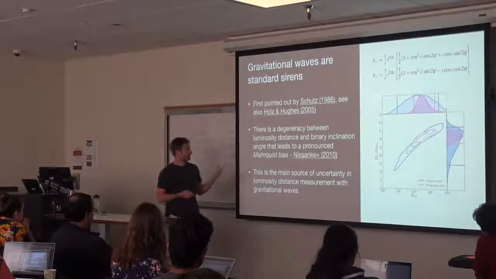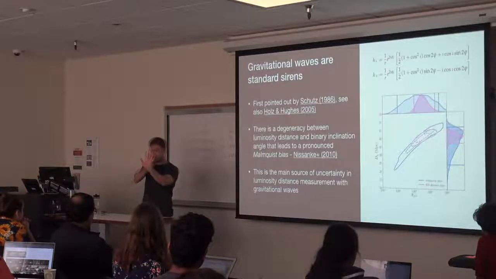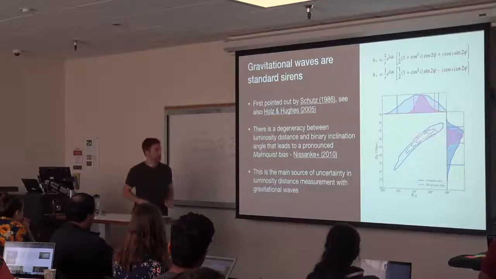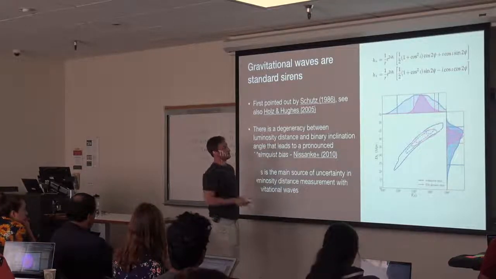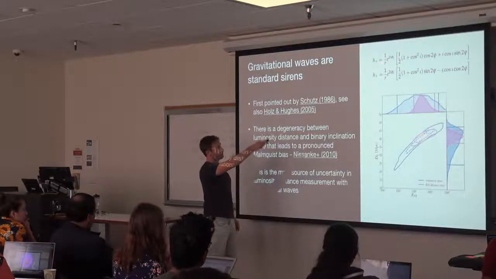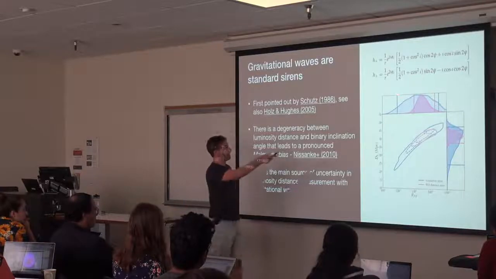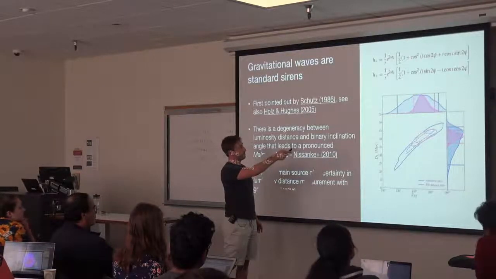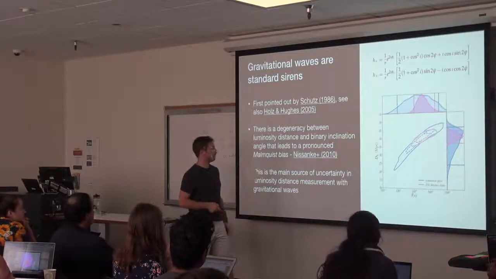The catch is that there's a degeneracy between the distance of the source and the binary inclination. If this is the axis of the binary orbit, then the inclination is the angle between that axis and your line of sight. The equations themselves are not important, but these are the plus and cross polarization amplitudes for a compact binary merger signal, and they have a cosine squared inclination term and a cosine inclination term.